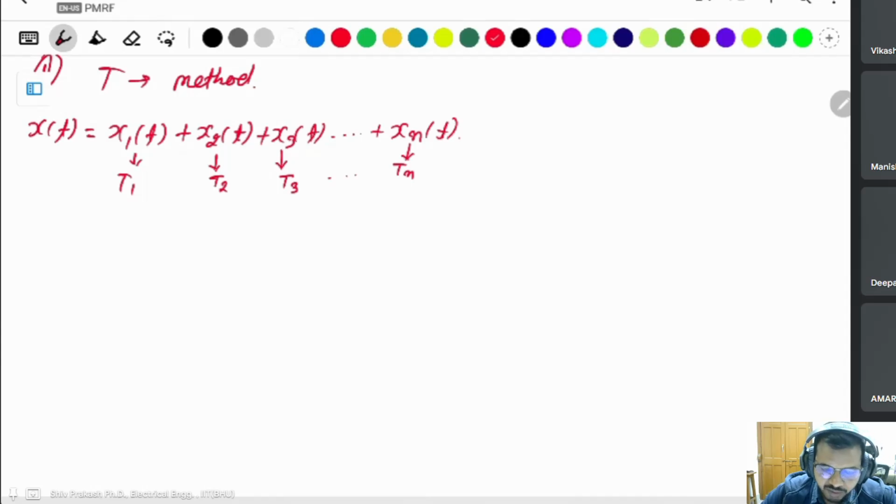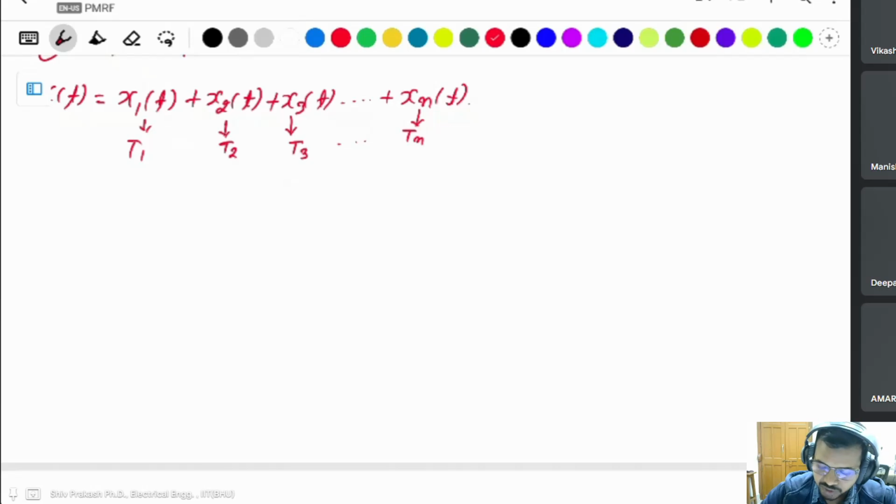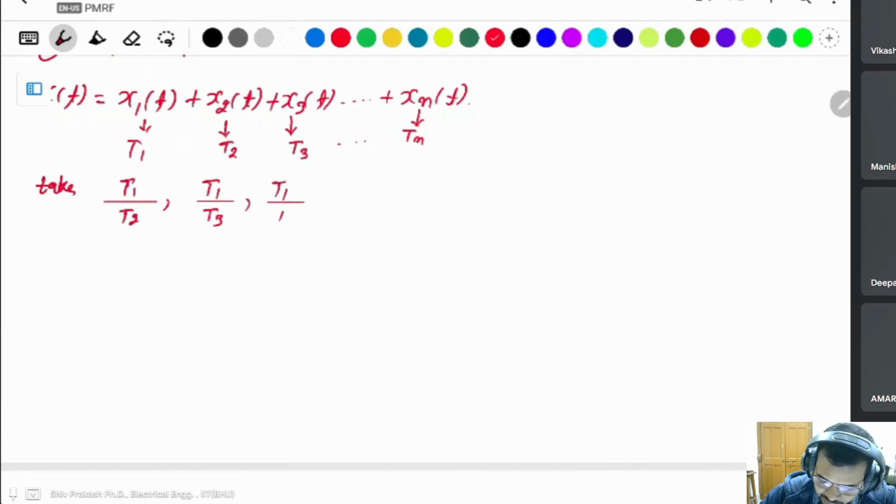Then first of all, take the ratio of T1, the time period, to all the others for finding the fundamental time period: T1 to T2, the same thing T1 upon T3, T1 by T4, dot dot, the ratio of the first period to all the periods, up to Tn.